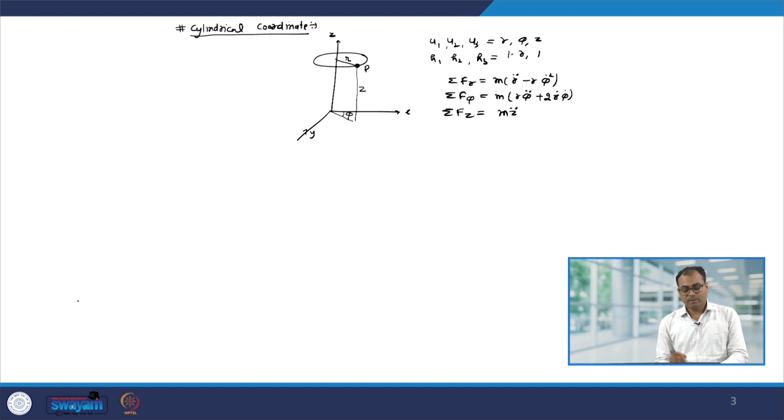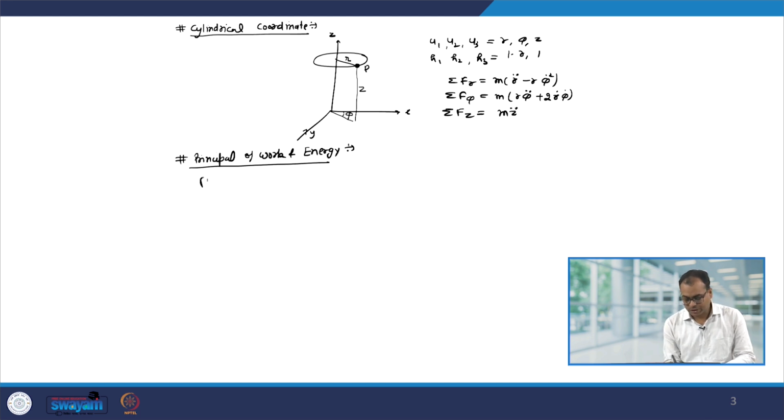Then we looked at the principle of work and energy, and the equation we got by integrating the Newton's law with respect to displacement. We started with F equal to m a equal to m dV by dt.